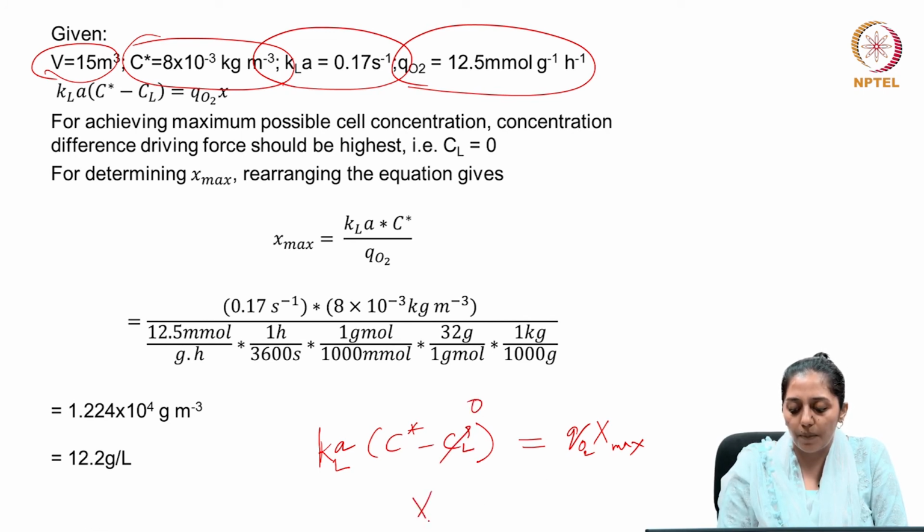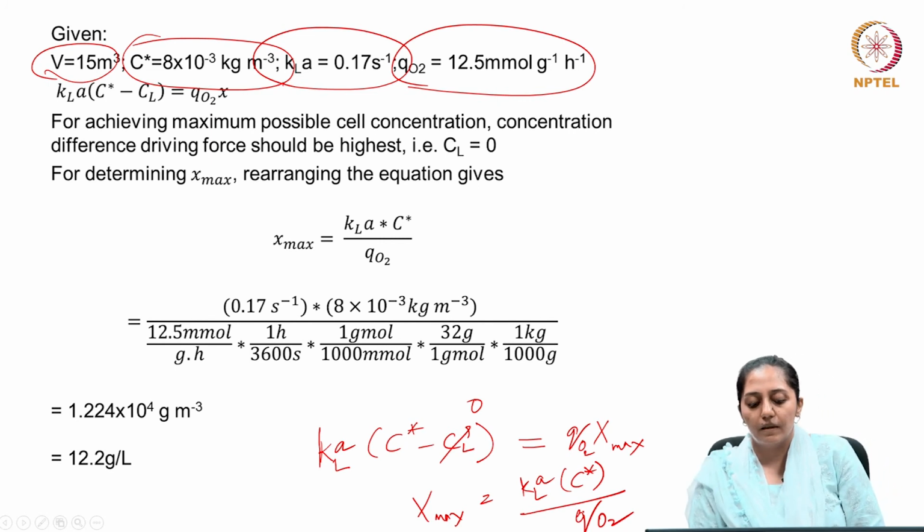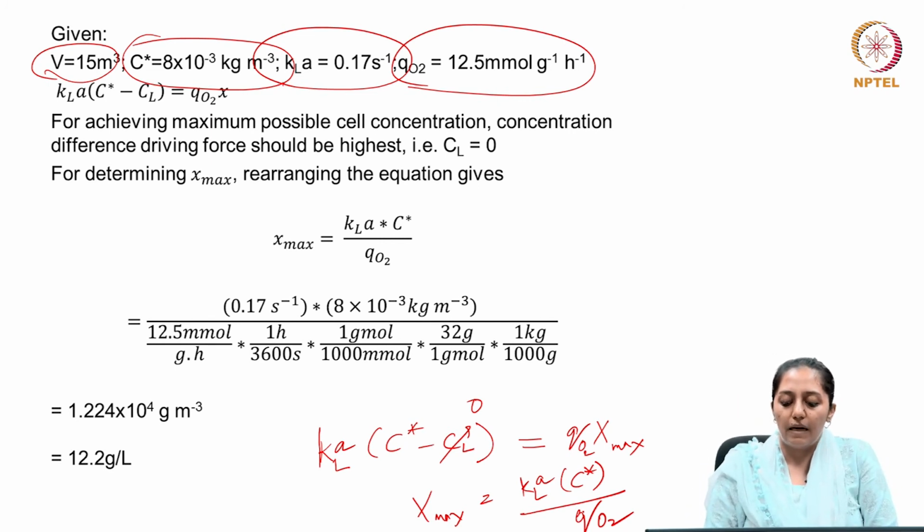So your maximum biomass which can be supported can be given as follows. So this is what has been done here.